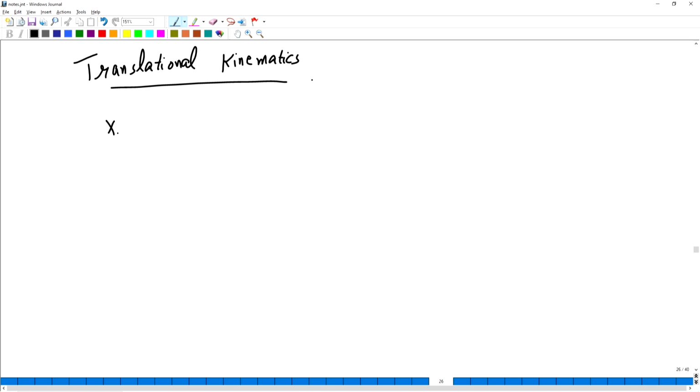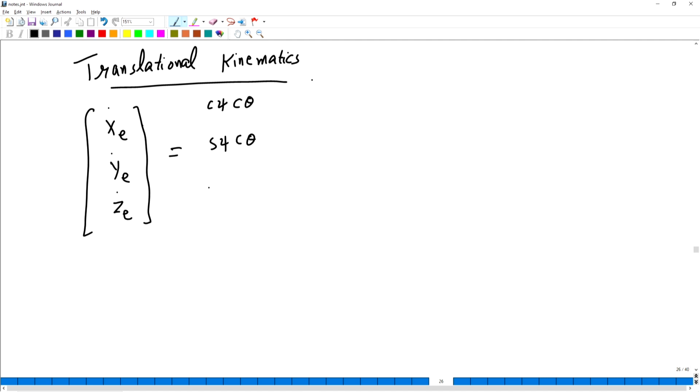That is written as xe dot, ye dot, ze dot; I am writing it in matrix form. We have cos xi cos theta, sin xi cos theta, minus sin theta.